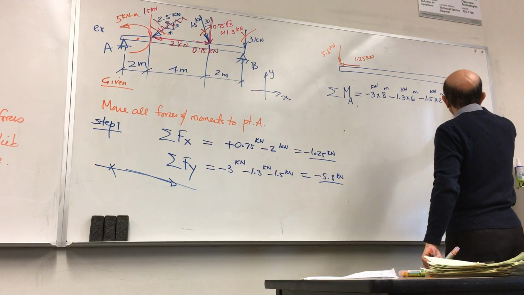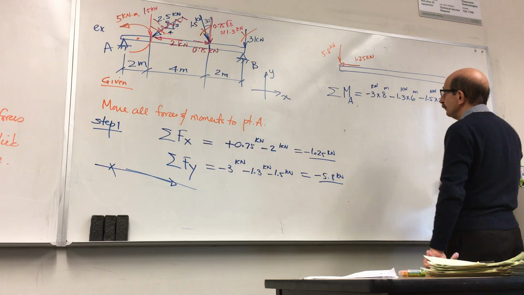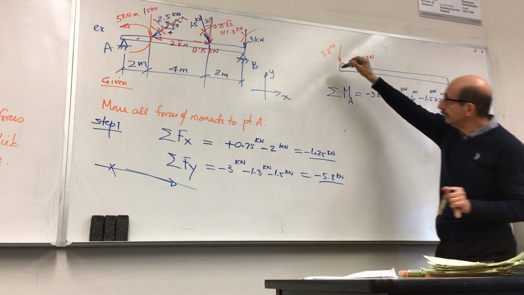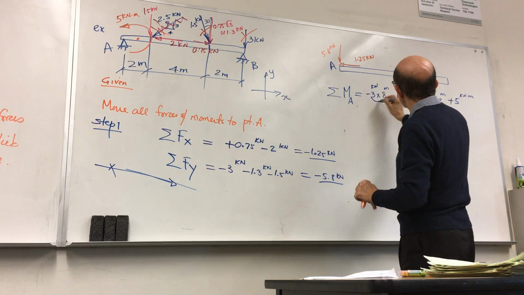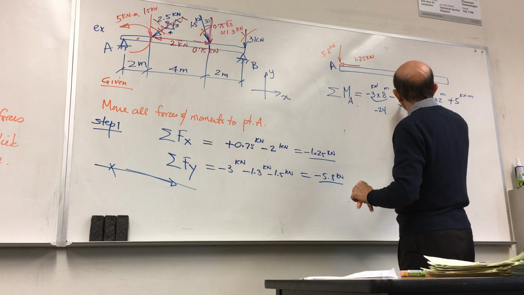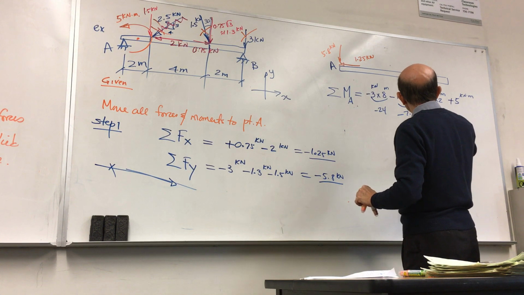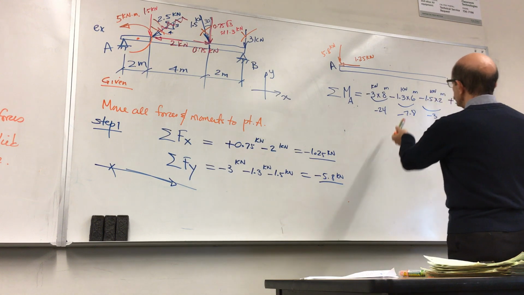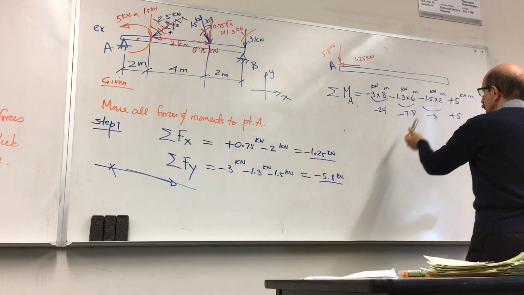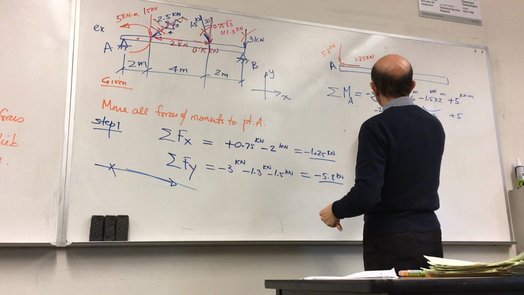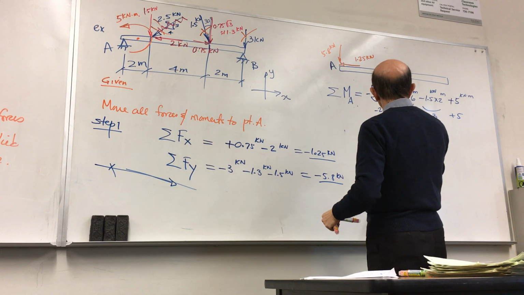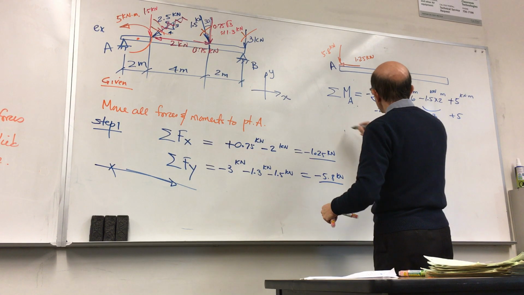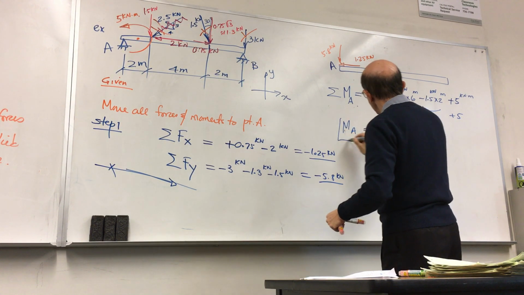So you have 5 kilonewton meter also. Add all of these up, put it at point A. And that would be what? You have negative 24, negative 7.8, negative 3, plus 5. So that would be negative 29.8, right? Kilonewton meter. That is at A.